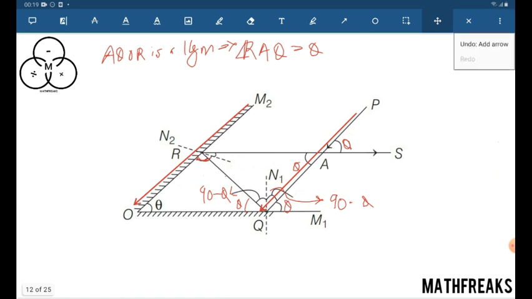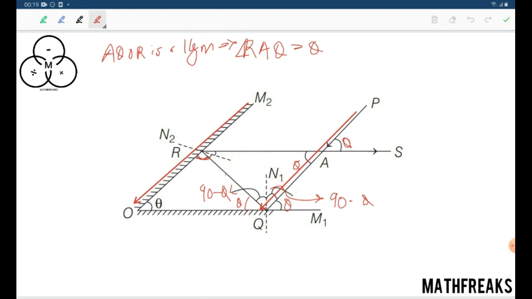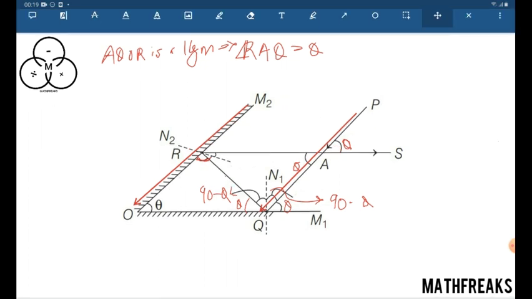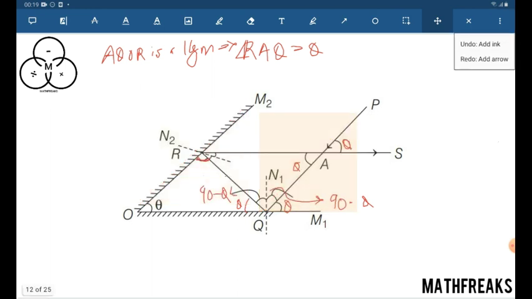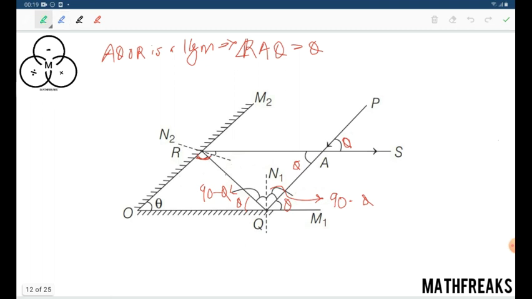So since these are parallel and this angle is theta, this angle is also theta, and since this angle is theta, this angle will be also theta. This will also be theta because this is theta and these are corresponding angle, so this will also be theta.